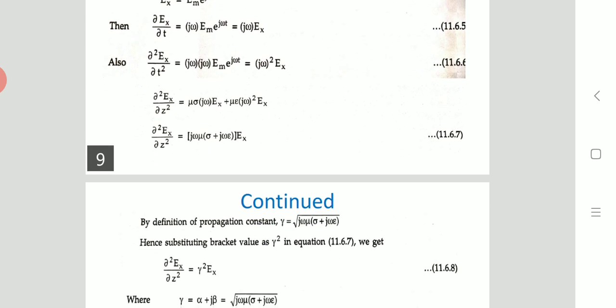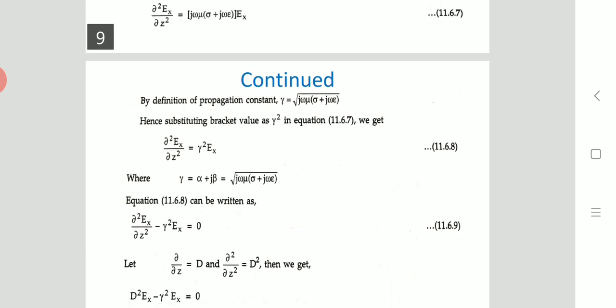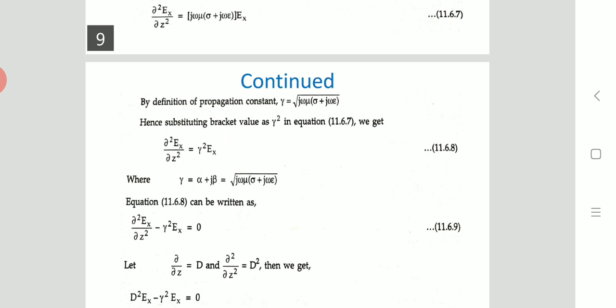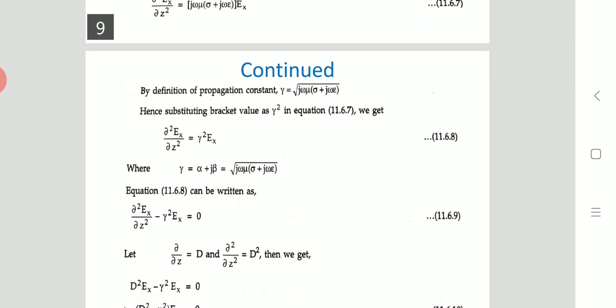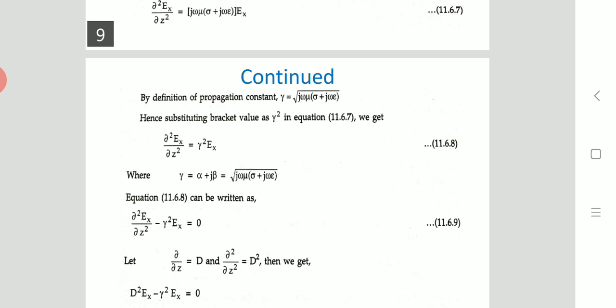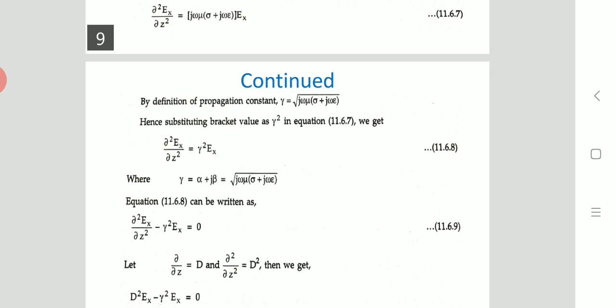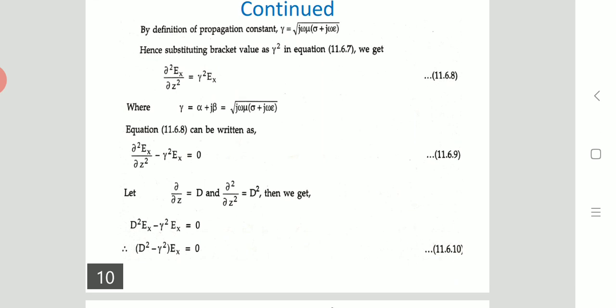Further we will continue. By definition, the propagation constant gamma is equal to root of j omega mu into bracket sigma plus j omega epsilon. Hence in equation 11.6.7 we get dou square Ex by dou z square equal to gamma square Ex.